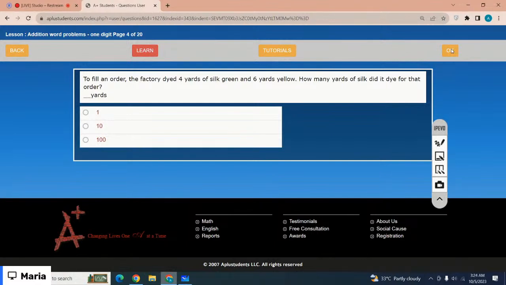You have to add them together. 4 plus 6 makes 10. The correct option is 10.